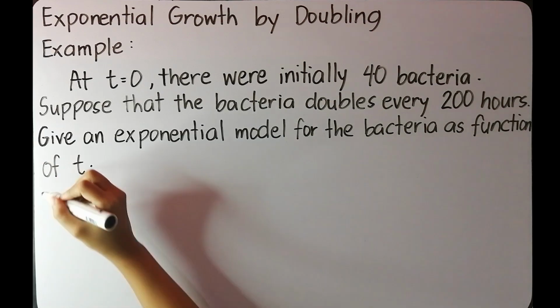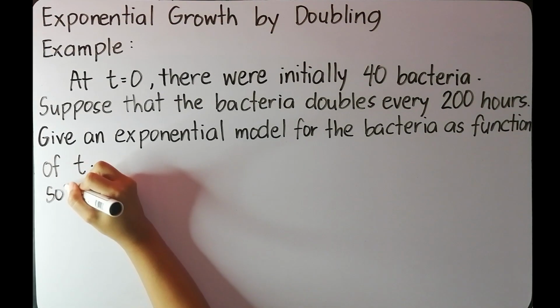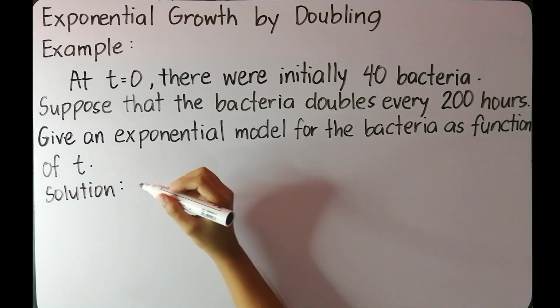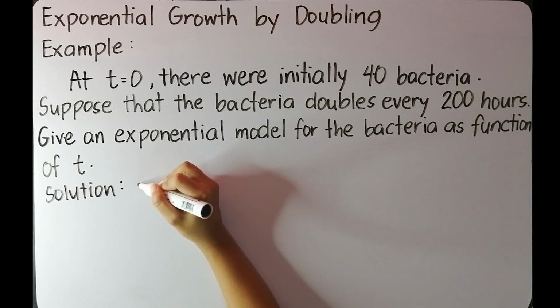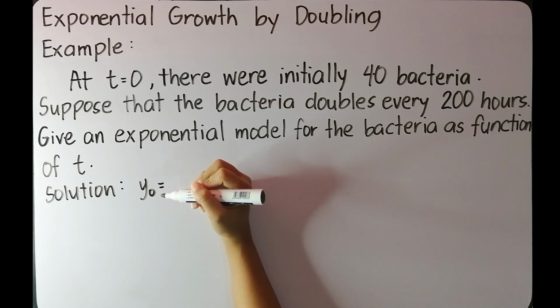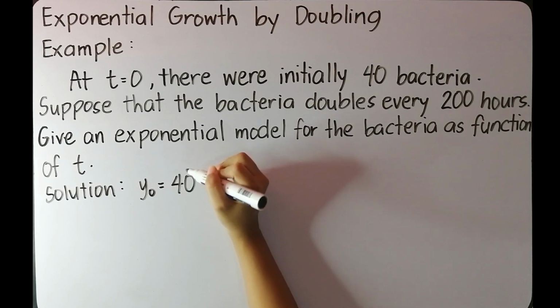For the solution, let's write first the given. Our initial population of the bacteria is 40.